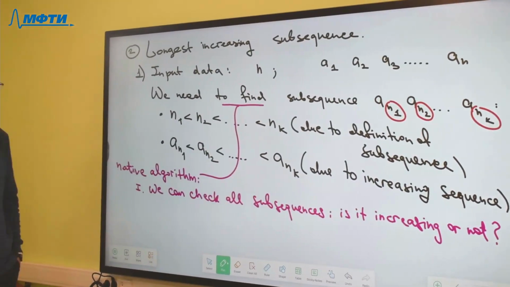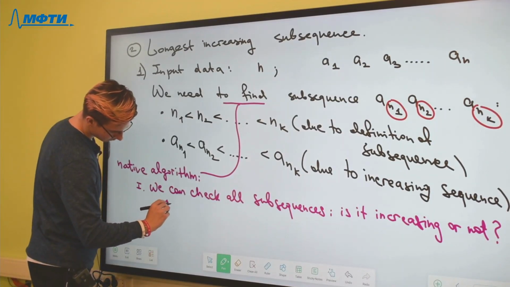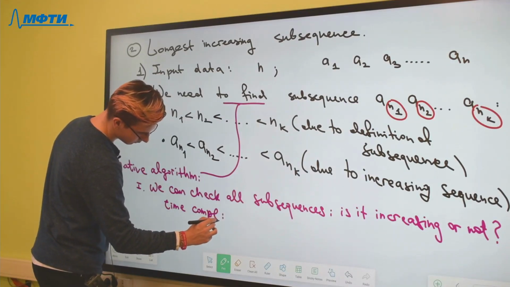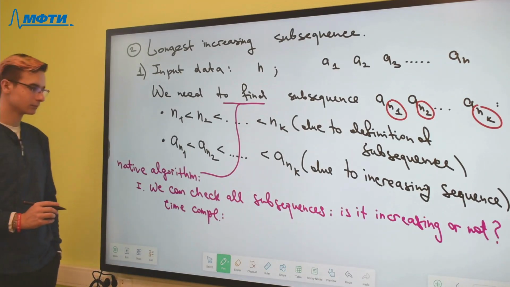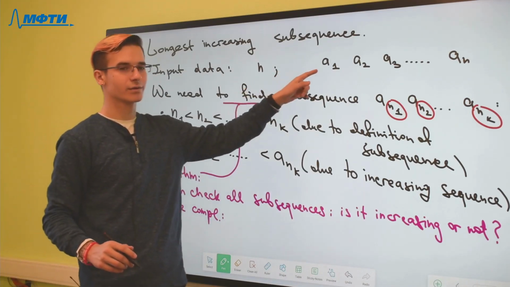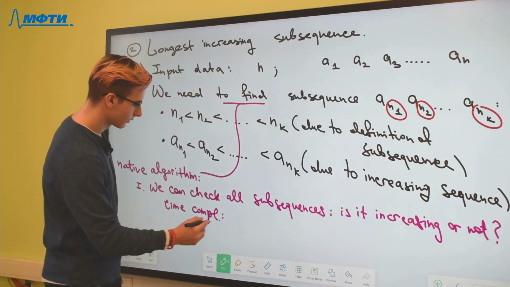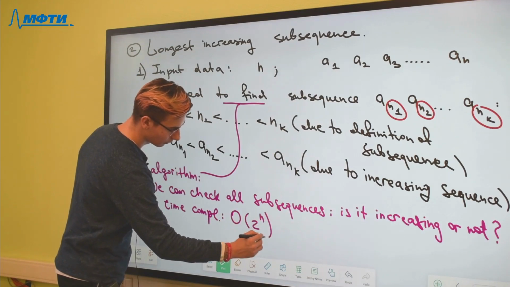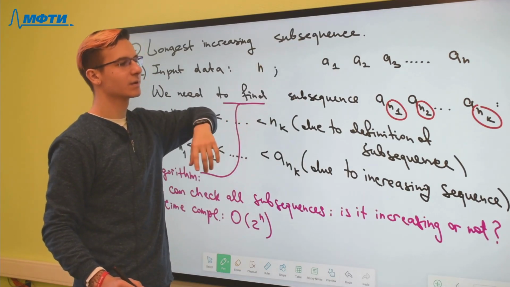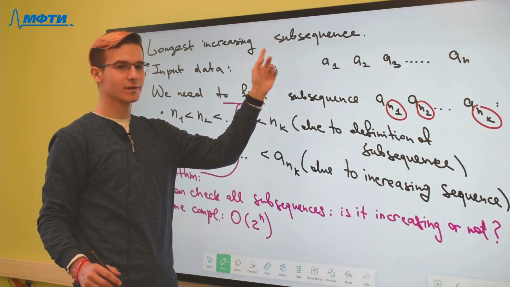So, what is the time complexity of this solution? How many subsequences are in this sequence? 2 to the power n, because any number can be in the subsequence or not.